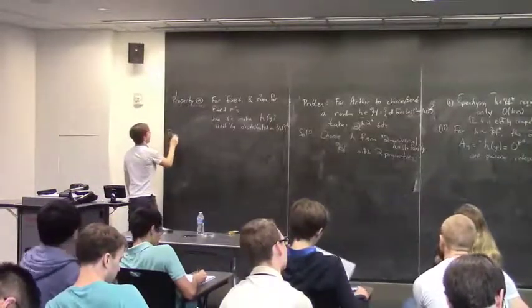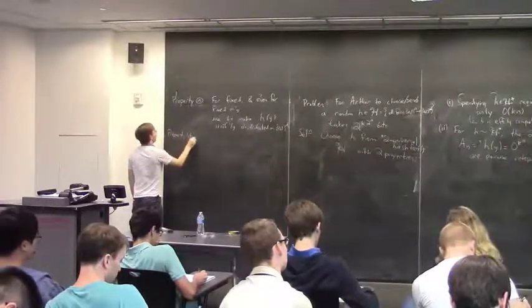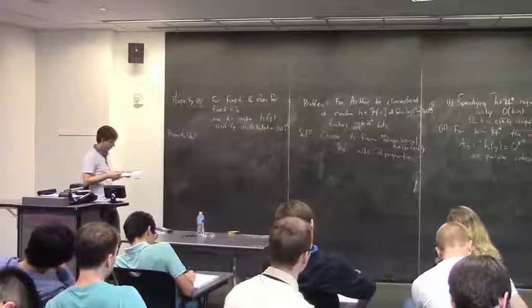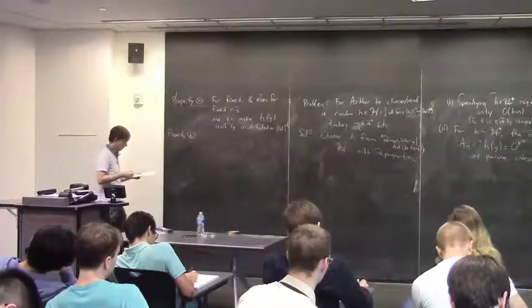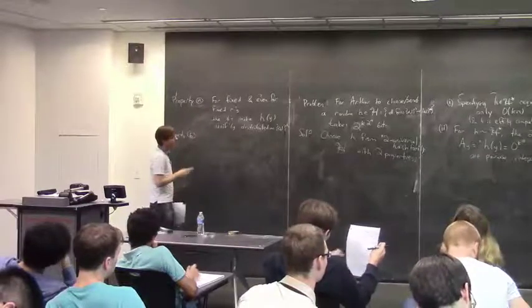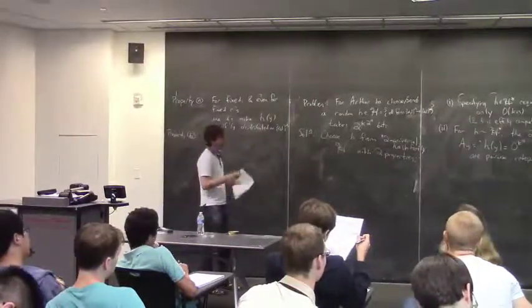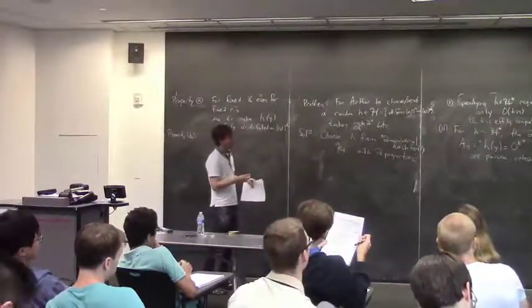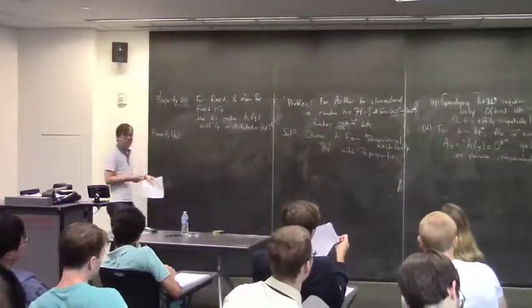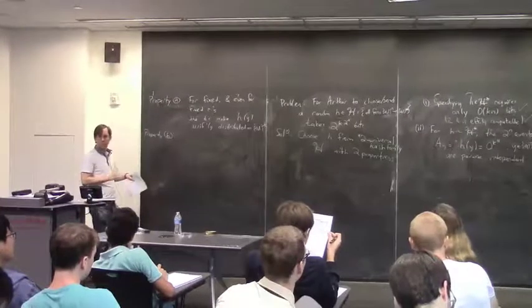Okay, so let's look at property B. Great. For property B, we actually have to check two things: the probability that they're equal, and the probability that the string they're equal to is all zeros. Let's first think about the probability they're equal.